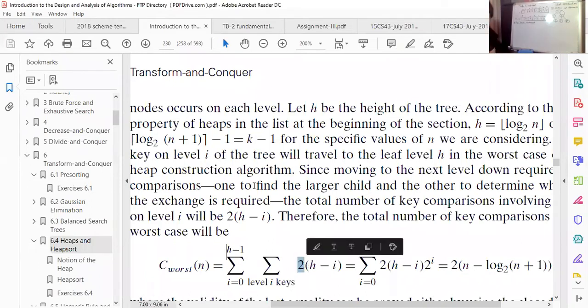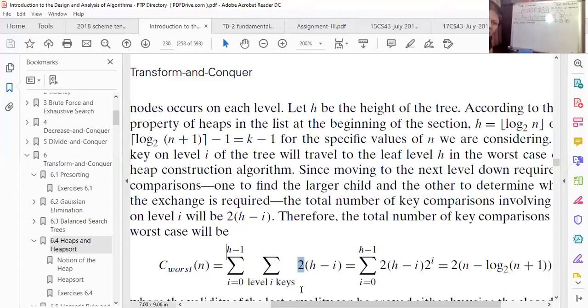The number of comparisons you need to do at any ith level, if h is the complete height, is always h minus i. That is why we have 2 into h minus i and these two summation series. So this is the worst case time complexity.